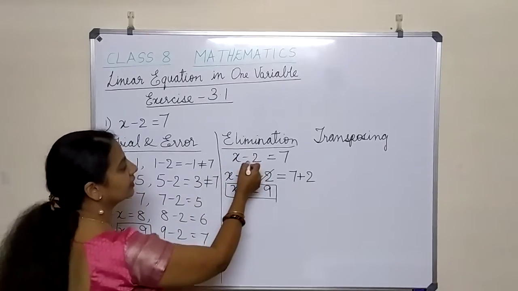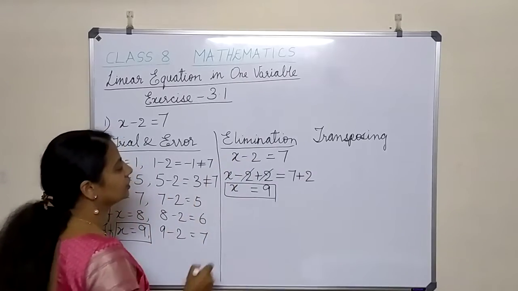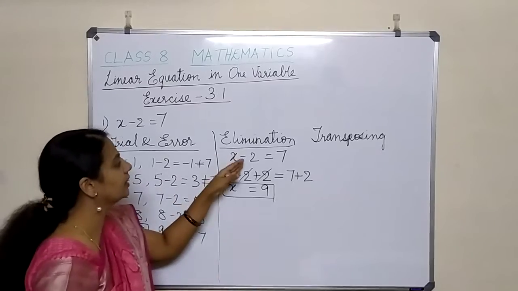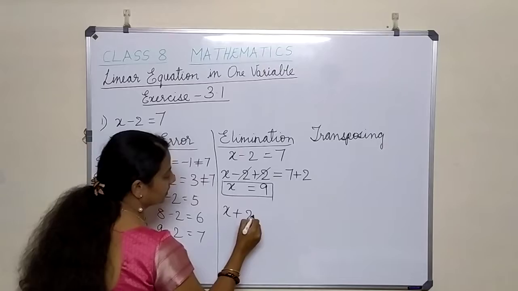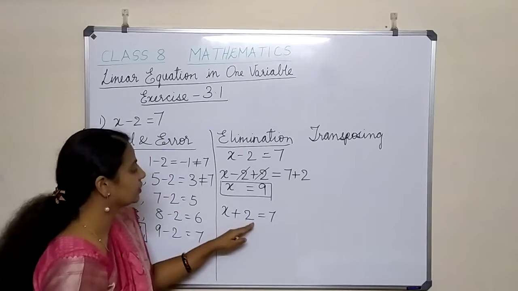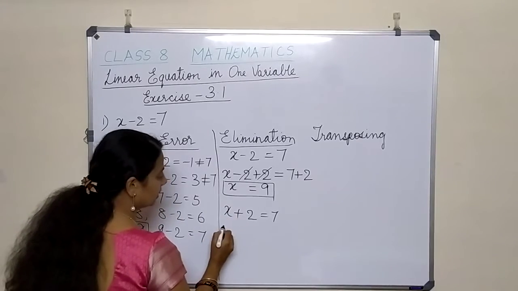You are eliminating the constants which are associated with x. So if you have minus 2, you have to add plus 2. Say for example you had x plus 2. See, this is some other equation. X plus 2. What do you do here? You have to add minus 2 to this equation.